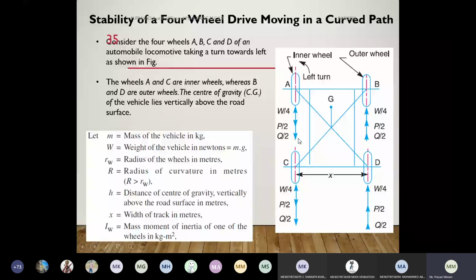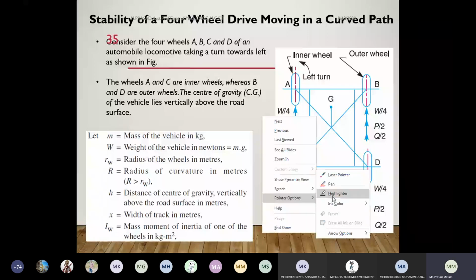You can see the direction of the pressing also while taking a left turn. The weight of the vehicle is acting downwards. How will the reaction force act? Upwards only. You can see it in this diagram.